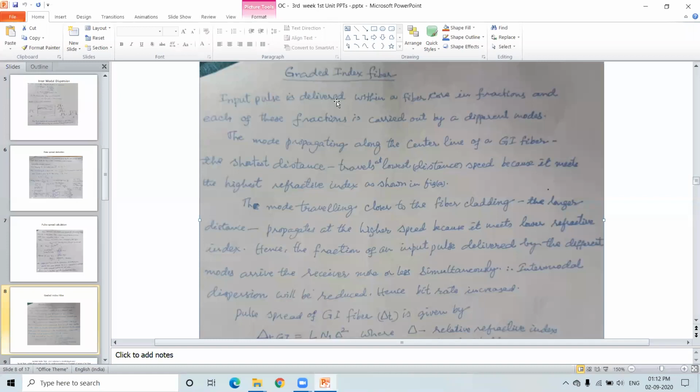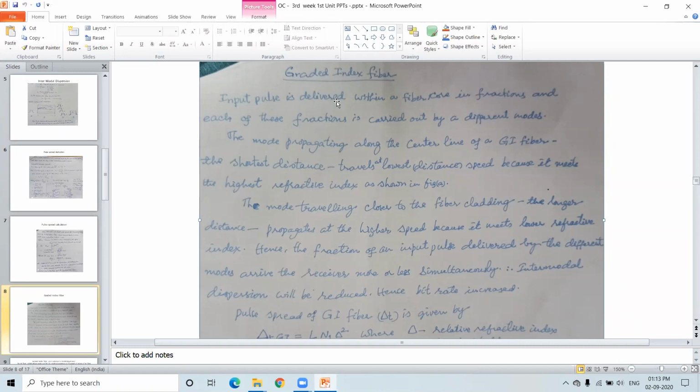So the physical phenomenon involved in spreading the pulse is that they are reaching the other end at different time slots. That is one statement clear. In other words, they are traveling different distances. 0 mode travels less distance, the 1 mode a slightly greater distance than the 0 mode, the second mode slightly greater than the first mode, and the third mode slightly greater than the second mode.